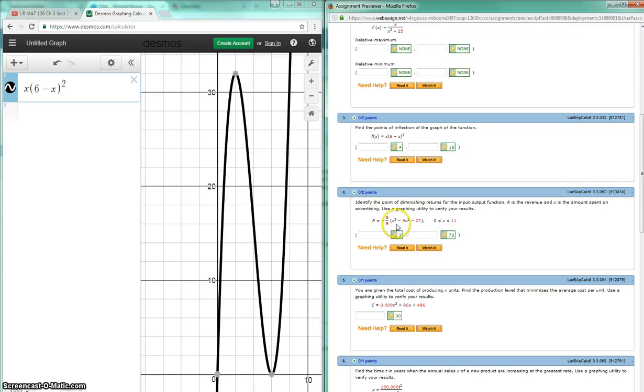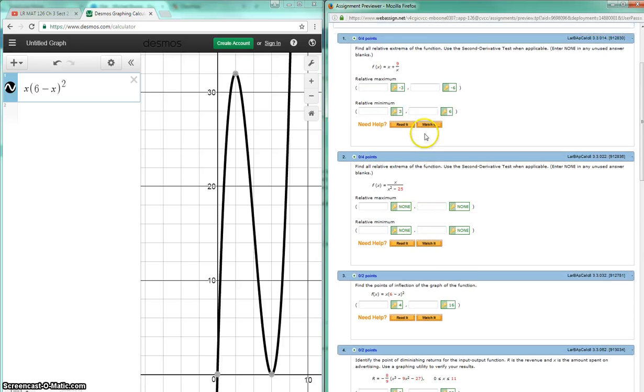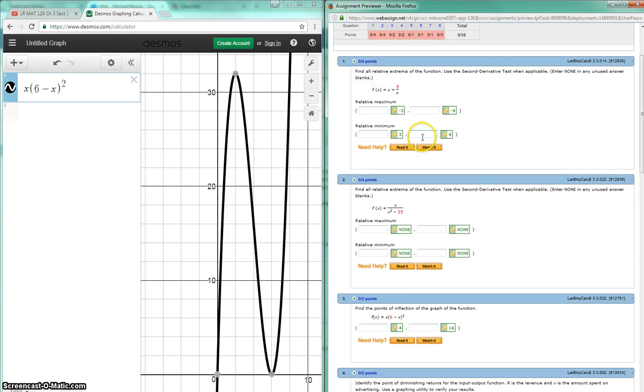And number 4, you're asked to find this, but again, this is just find the second derivative, set it equal to 0. And that should be that we're going to find that x value, and then you would take your x value and plug it back into your original function to find your point of diminishing return, or official inflection point.